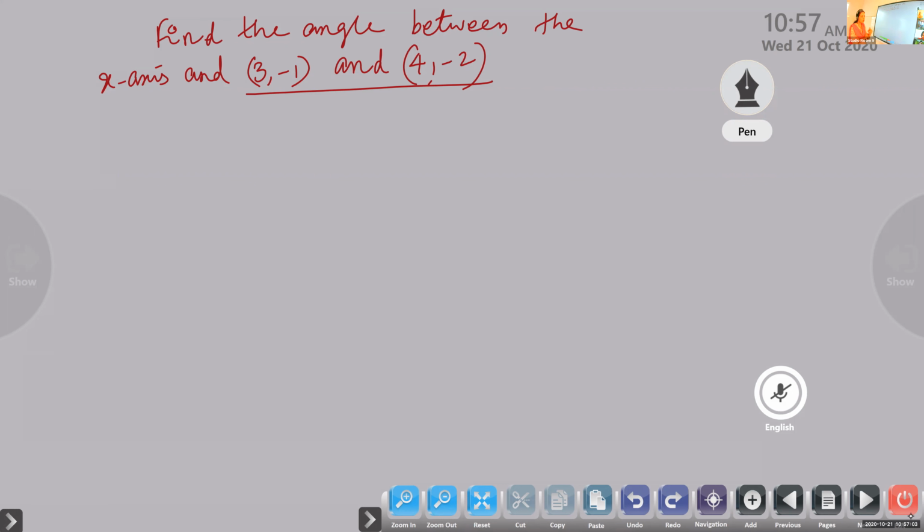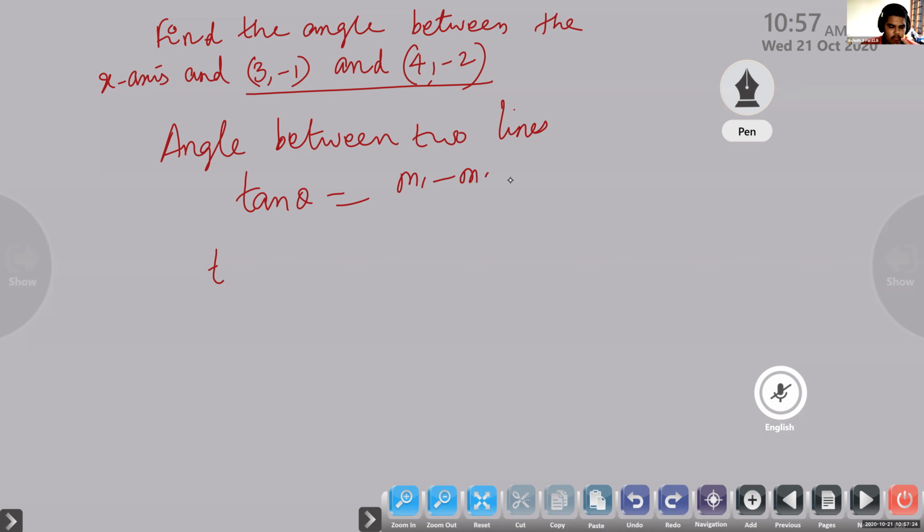If slopes are known, then what's the formula to find the angle? Achut gave that formula, isn't it? It is given by tan theta equals (m1 minus m2) by (1 plus m1 m2).